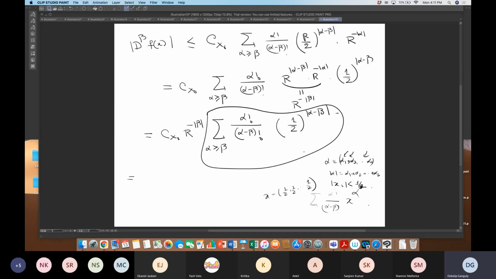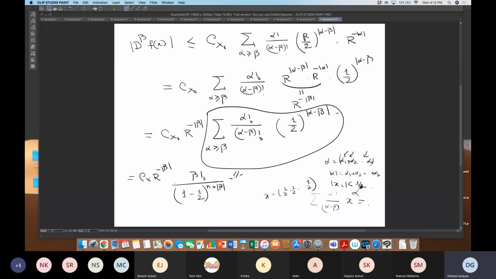And we know that this series is convergent, and you can also express the sum: c x naught r to the power minus mod beta, the sum is beta factorial by, you remember, 1 minus x, which you can check, we have written this summation, the value of this summation.